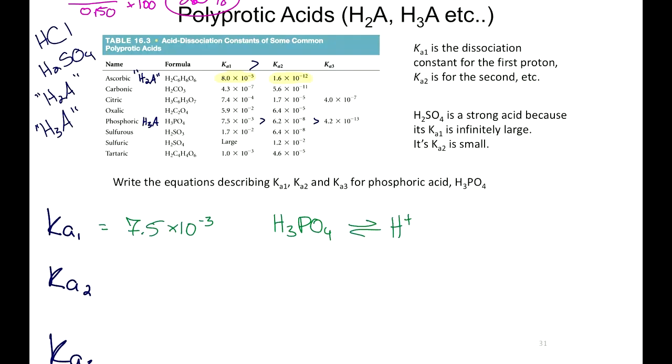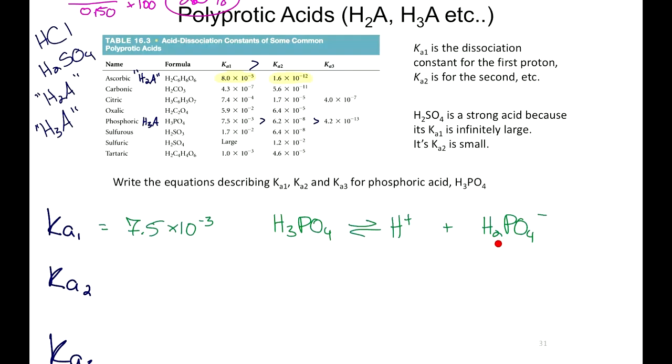But what's left over? We have to be careful here with charge and number of hydrogens. What's left over? H2PO4 minus. So H3PO4 is our acid. What is H2PO4 minus? It's the conjugate base.